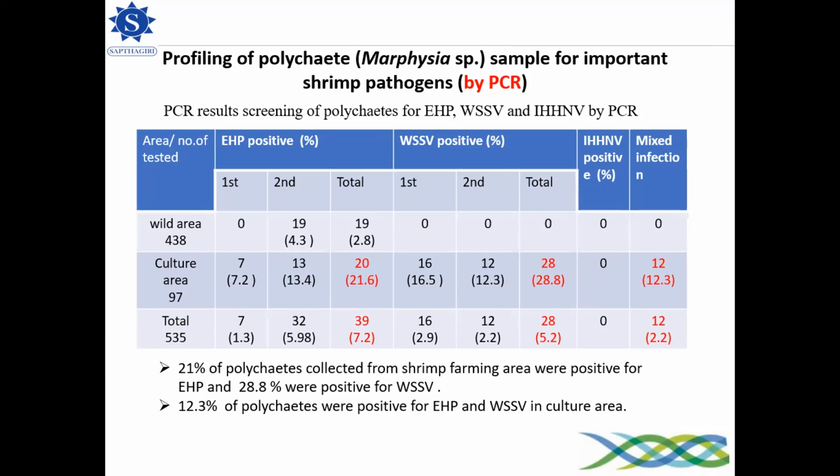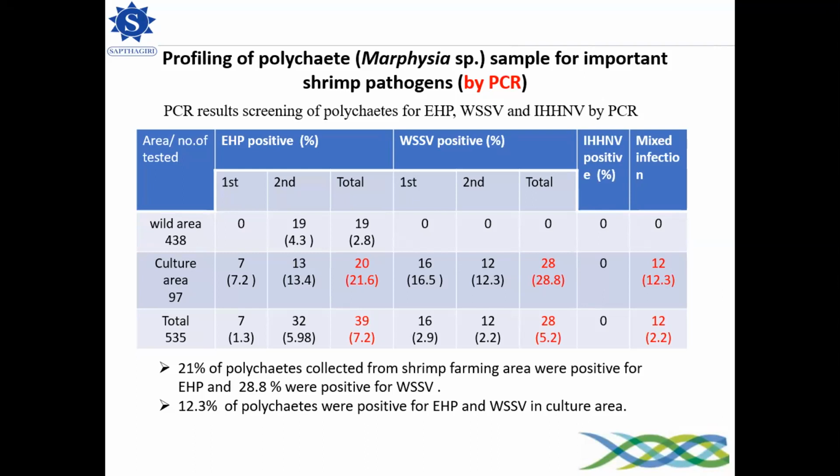In this result, in wild areas, we are not getting any WSSV infection and very little contamination with EHP. 21% of polychaetes collected from the farming area were positive for EHP, and 28.8% were positive for WSSV. 12.3% of polychaetes were positive for both EHP and WSSV in the culture area.